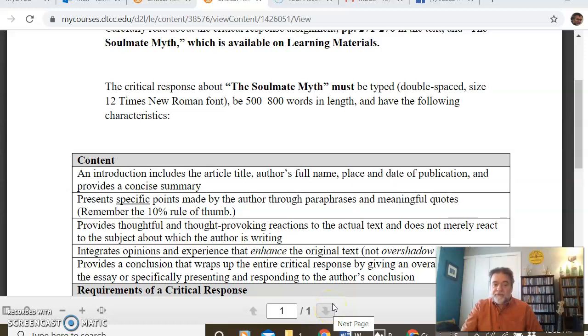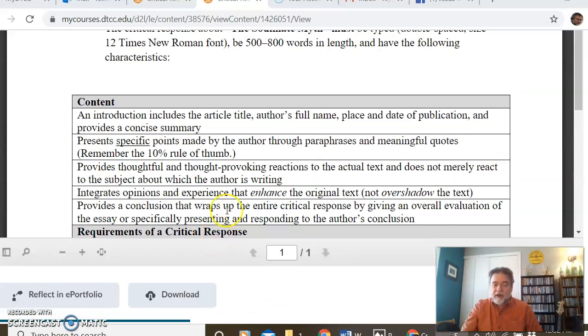You can wrap up the whole paper by giving an overall evaluation of the essay. And conclusions always have to wrap up the whole paper. Don't just end with some weird little detail. It needs to somehow represent or wrap up the whole of your paper. Because of that, you can give an overall evaluation, certainly.